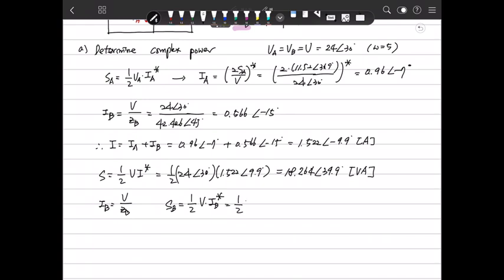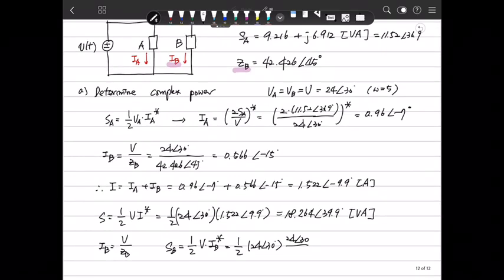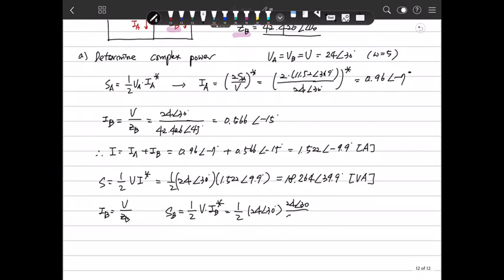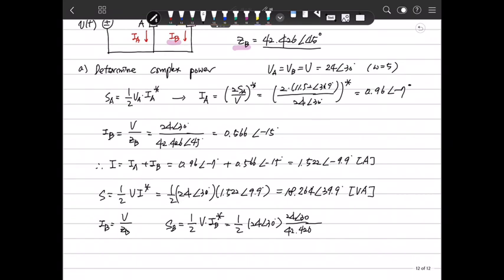So V was 24 at 30 degrees and ZB was 42.426 at 45 degrees conjugate.